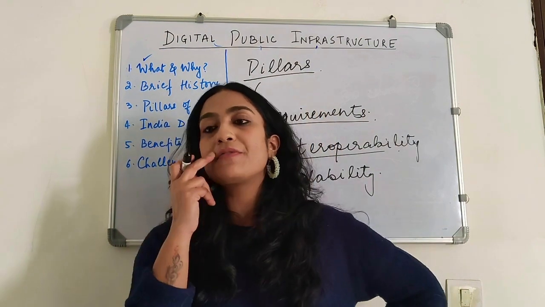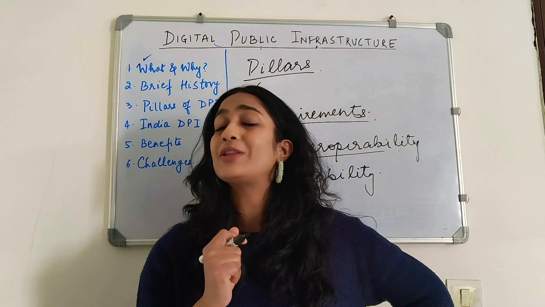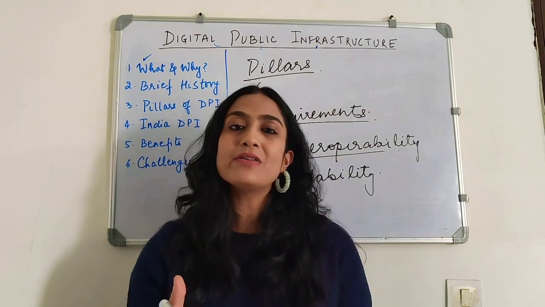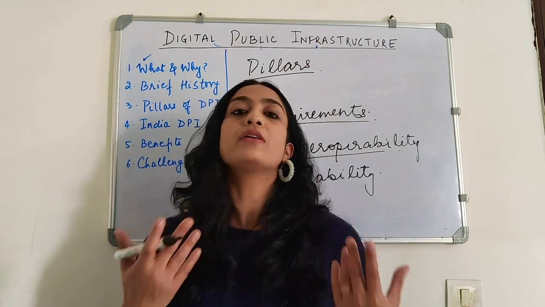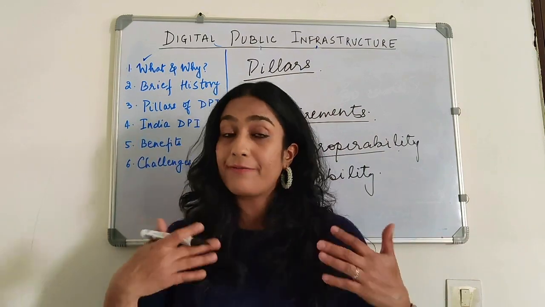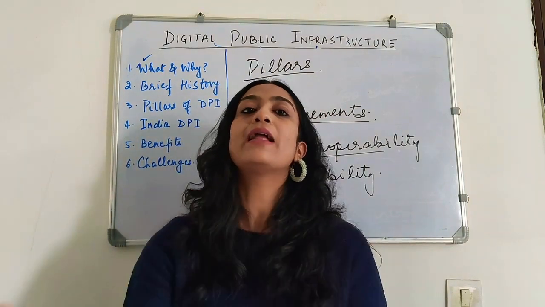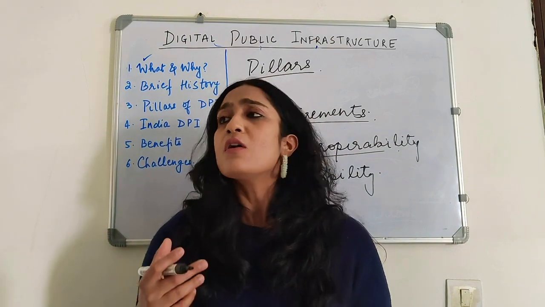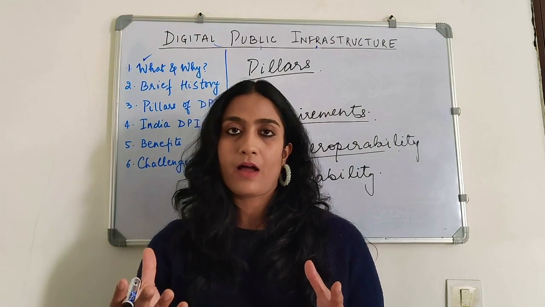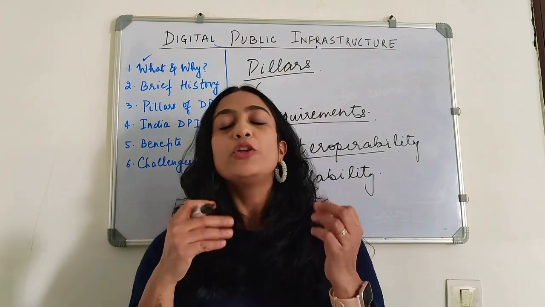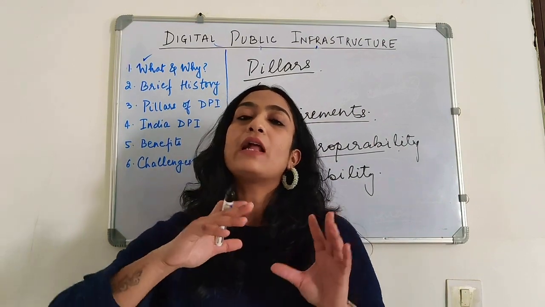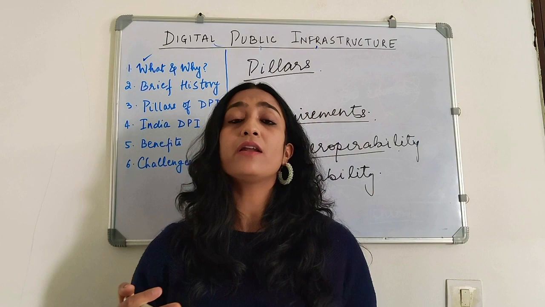So, for example, if some payment system or some authentication system is working at a local level, say in a village or a district or in a state, it can easily be scaled up across the entire country. Or if it works at a country level, it can be scaled up across countries. So, for example, if some money transfer works at a local level, then using the existing setup, using the existing infrastructure, even large-scale money transfers can be made where a lot of people are involved.